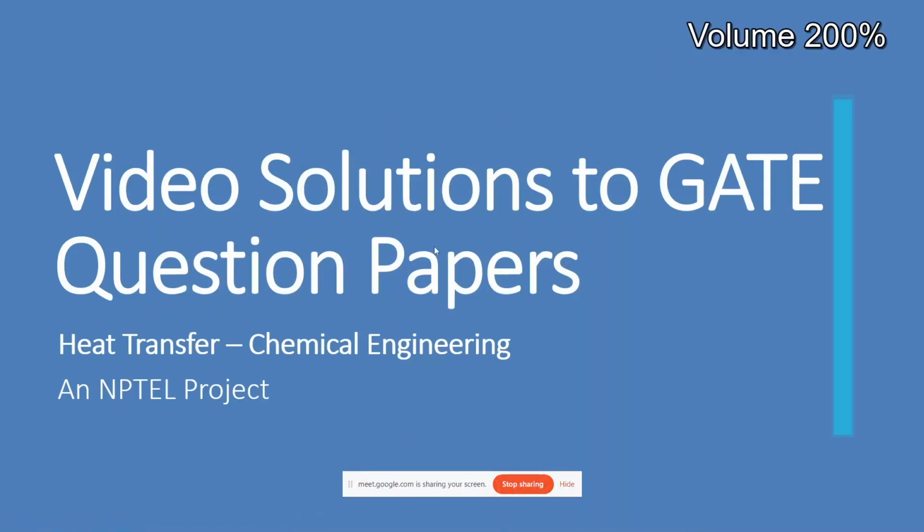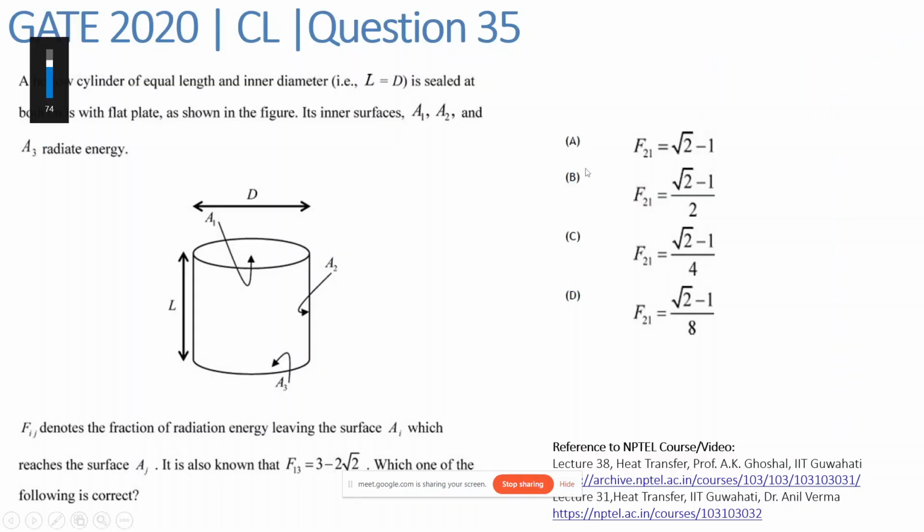Hello everyone. We will be solving question 35 of the GATE 2020 chemical engineering paper, and the subject is heat transfer. The question is: a hollow cylinder of equal length and inner diameter, that is L equal to D, is sealed at both ends with flat plates as shown in the figure. Its inner surfaces A1, A2 and A3 radiate energy.